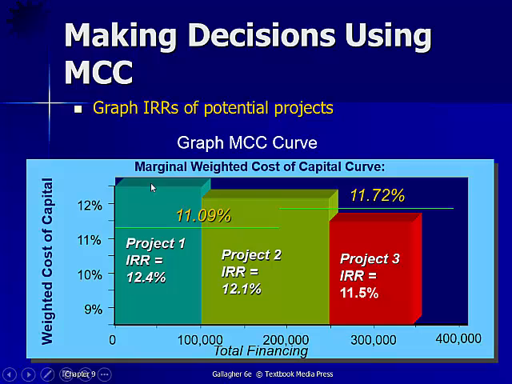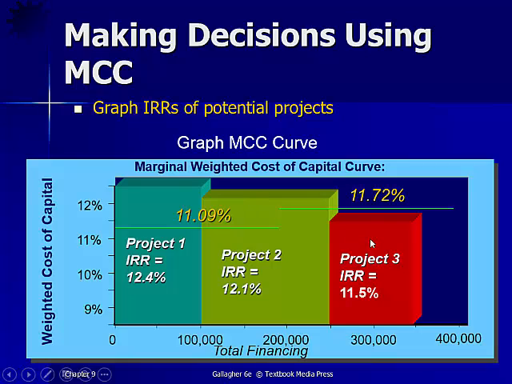So Project 1 is clearly a good project. Project number 2 is financed partially with funds costing 11.09% and partially with funds costing 11.72%. Since it has an internal rate of return of 12.1%, we can see that it is clearly a good project as well.